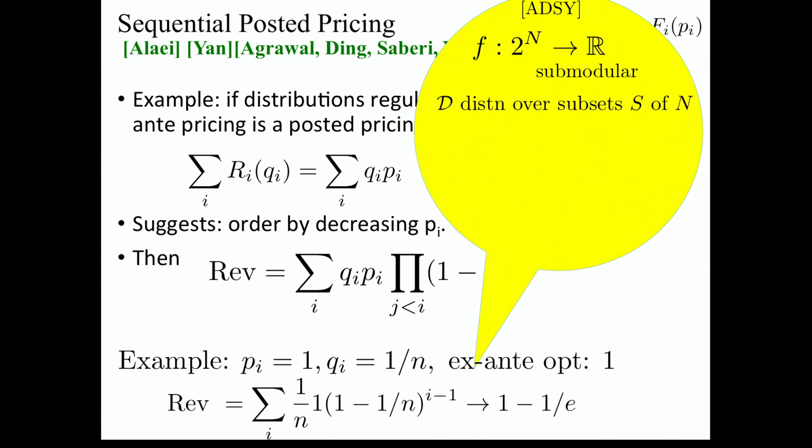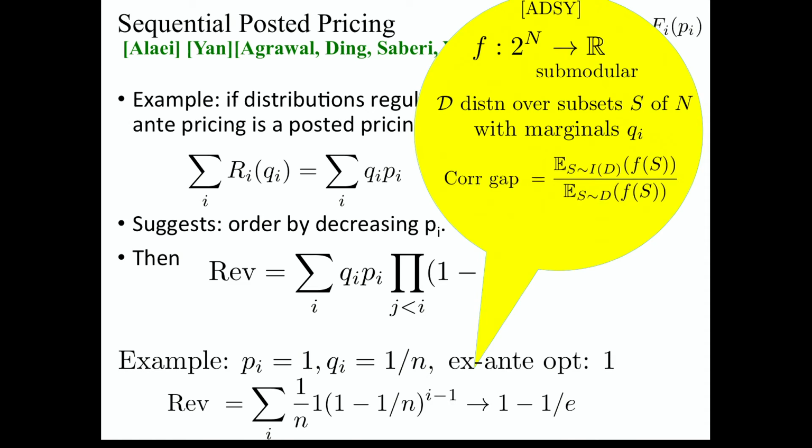If it's submodular, and you have some distribution over subsets of those items, and the distributions have marginals q_i, then if you look at the ratio between the expected value of that function when you sample independently with probabilities q_i, compared to sampling from this correlated distribution that has marginals q_i, then that correlation gap is at least 1 minus 1 over e. This independent sampling always gets at least 1 minus 1 over e of the correlated distribution for this function.